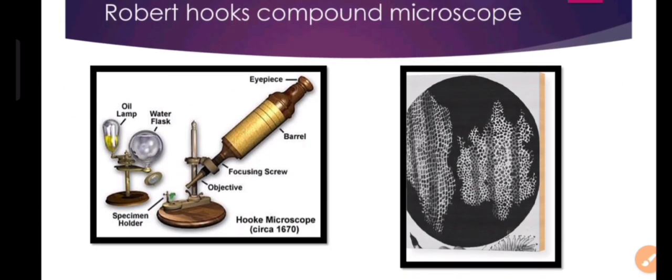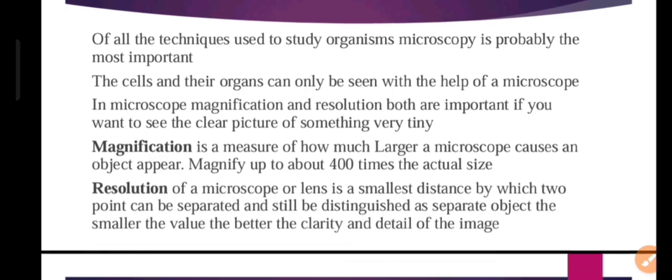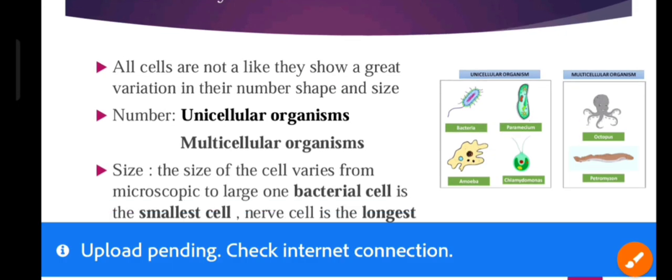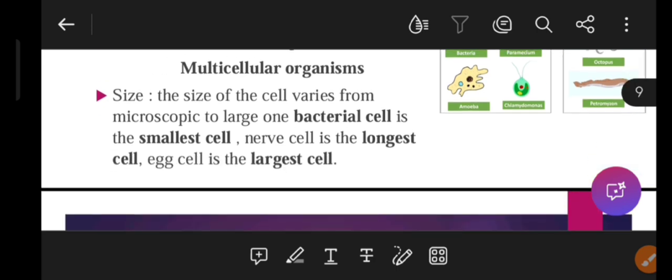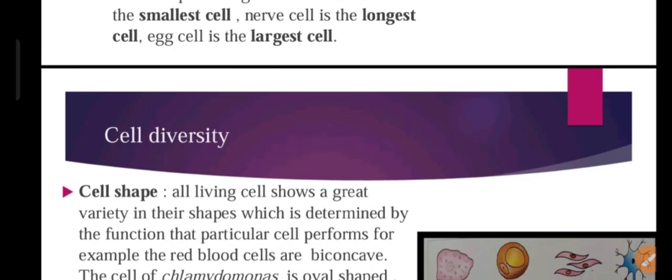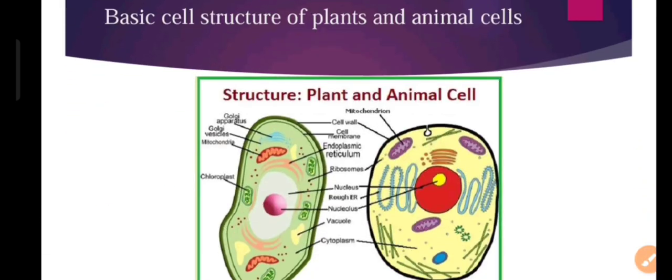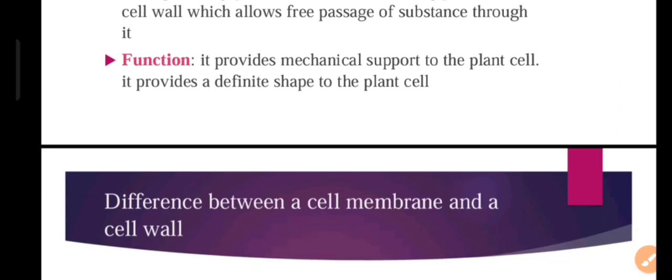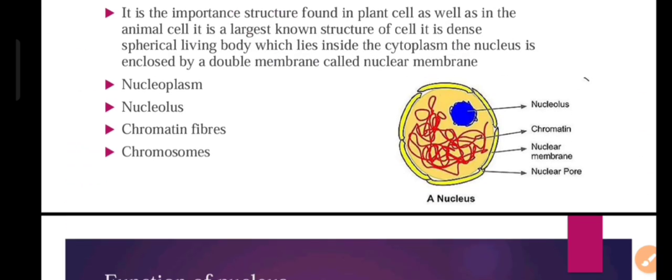And this is the compound microscope, developed by whom? Robert Hooke. Then magnification and resolution, and types of cells based on number, shape, size, etc. Then the basic structure of the cell: cell membrane, cell wall, and nucleus.